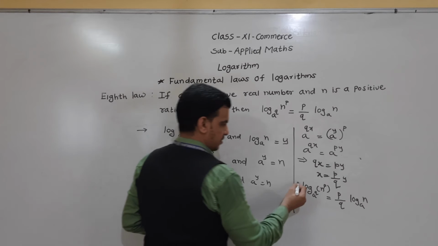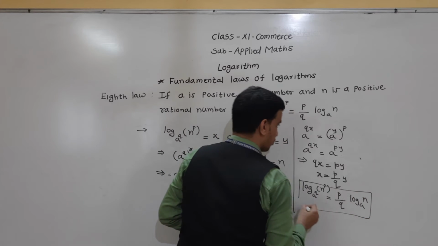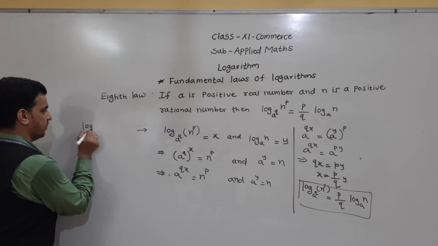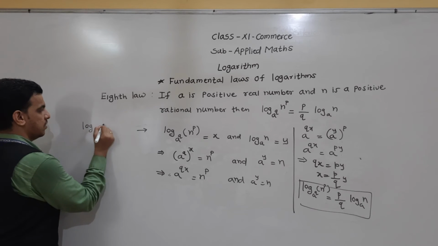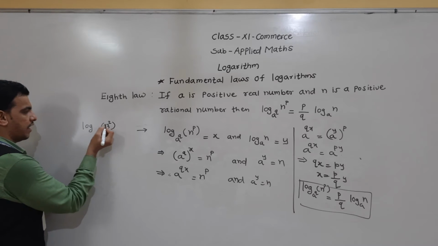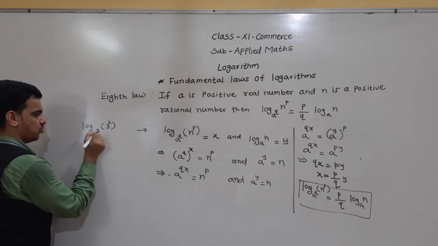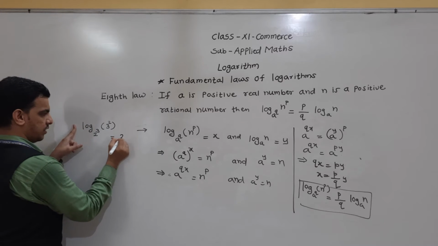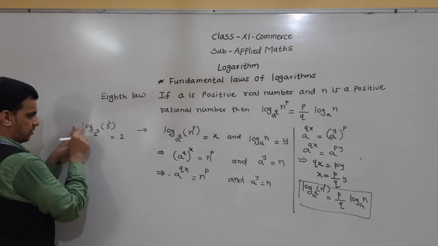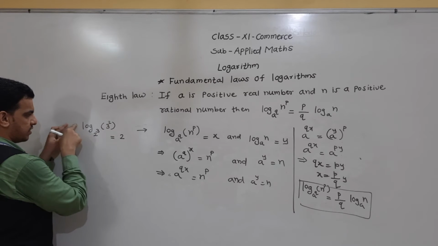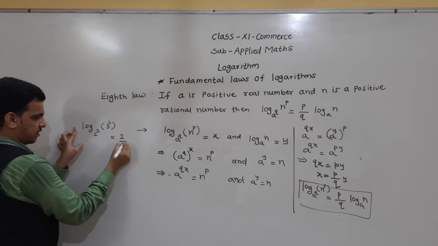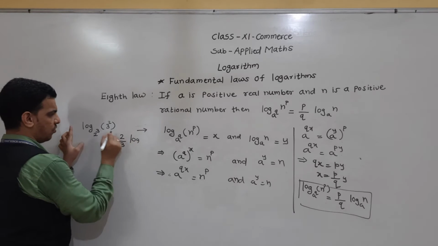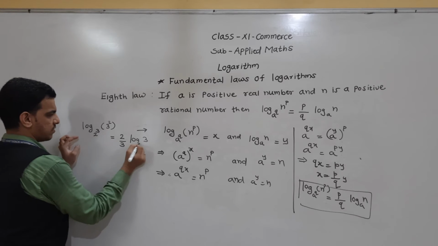Okay, understand this? So suppose we take an example of this law, log of 3 squared to the base 2 raised to 3, then we can write this 2 in the numerator and this 3 in the denominator. Okay, the coefficient of log, we can write 2 in the numerator, this 3 in the denominator. 2 by 3 into log of 3 to the base 2.